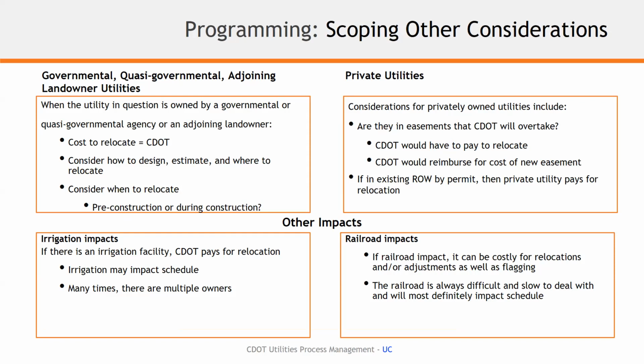They can then move from their old easement to a new easement, and the time and the cost to do that is very important to consider. But we can also work with them on other ways to accommodate them within our right-of-way as well, if they're amenable to that. So irrigation impacts are also extremely important because irrigation is a facility that CDOT typically pays for.